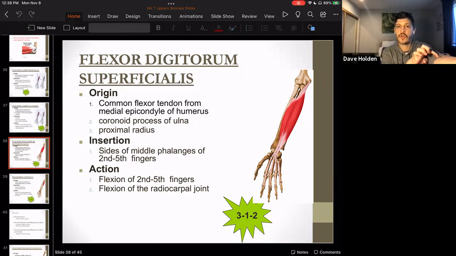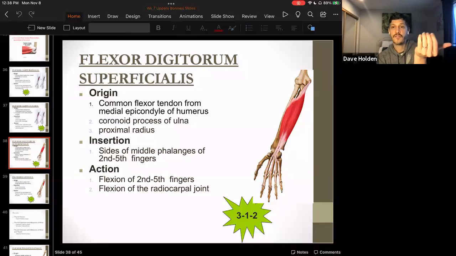We also get a little bit of the coronoid process on the anterior side, and some of the proximal radius. So this one also gets a little bit more of a broad origin. It inserts on the sides of the middle phalanges of digits 2 through 5. Remember, we count 1, 2, 3, 4, 5. So 2 through 5 are these guys.